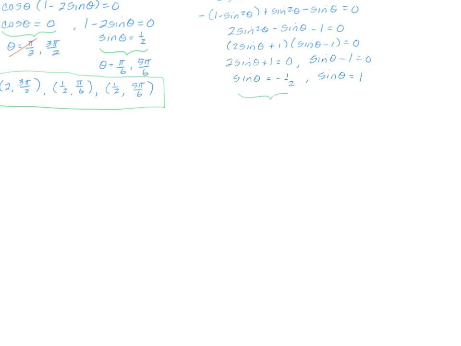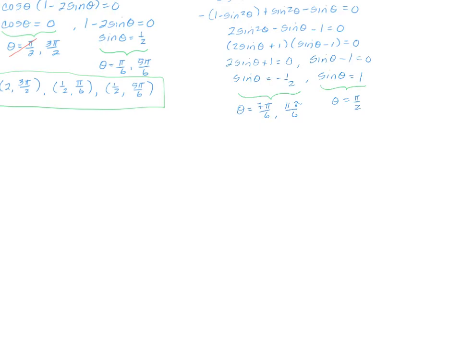In this first equation, sine is negative 1/2 at 7 pi over 6 and 11 pi over 6. In our second equation, sine is equal to 1 when theta is equal to pi over 2. Notice that pi over 2 came back. So that's where the denominator is 0.